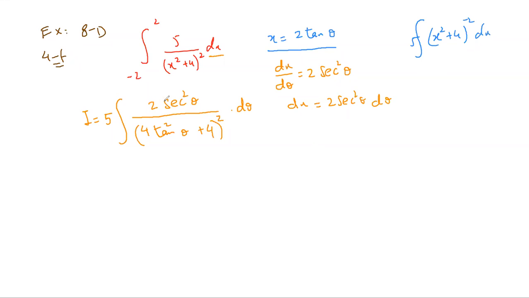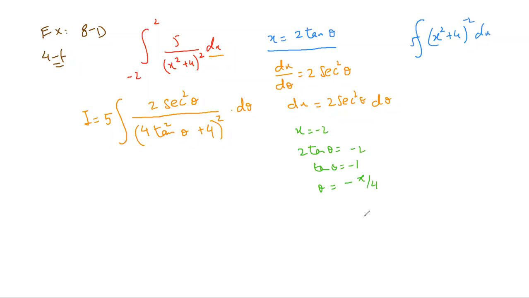We should learn to change these limits, because you might have a question where you have to write this in terms of theta and give these limits as well. So when your x is -2, 2 tan theta is equal to -2, tan theta is -1, and theta is minus pi by 4.